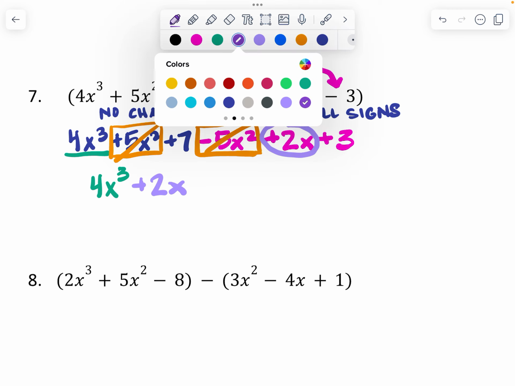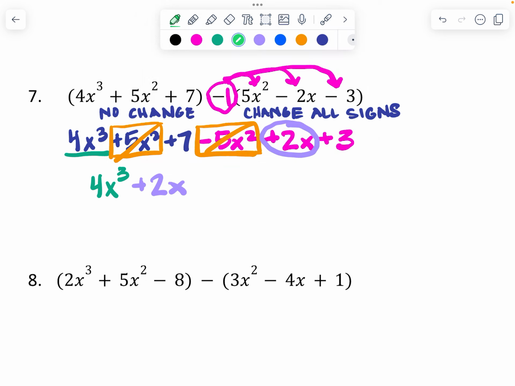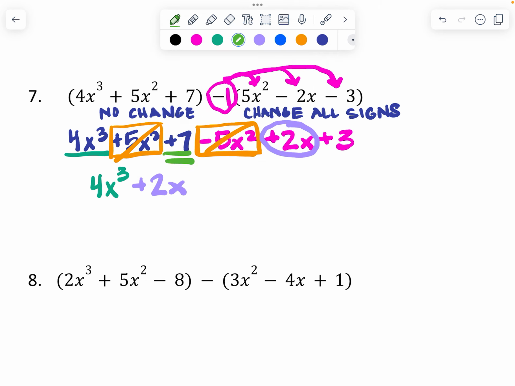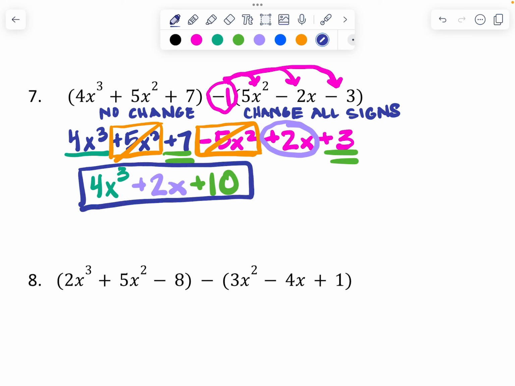Positive 7 and positive 3 is 10. So that is my answer after subtracting those polynomials. This is a cubic trinomial.